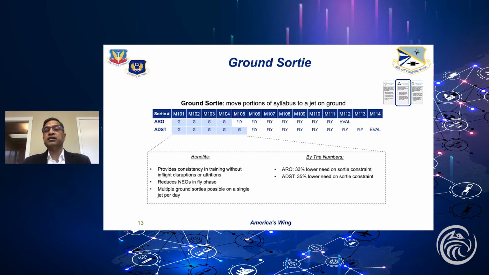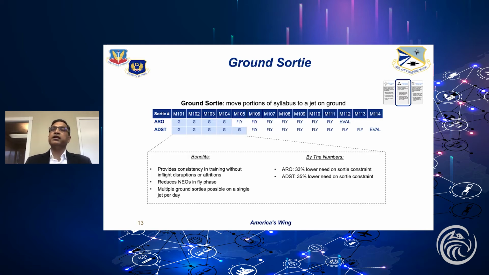Now, what the team did was take the sorties and ask, what can we do on the ground? So instead of everything being a flying sortie, some of the lessons could be done on the ground. The benefit is, of course, for maintenance, it can have an aircraft sitting on the ground to do it. Of course, the aircraft has to be green. Most of the systems have to still be working, but it allows the maintenance to produce the sortie with the aircraft.